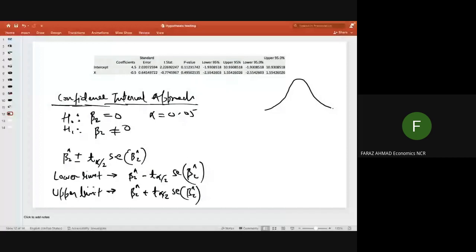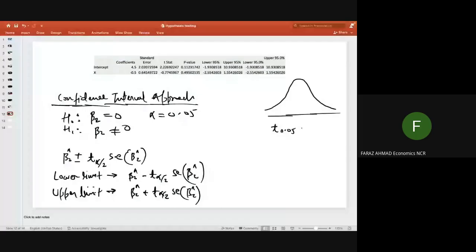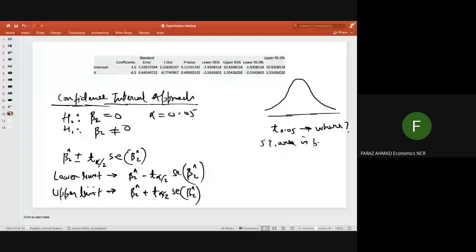And if somebody asks you what is the t value that gives an area of 5%, so your question would be where? There are two possibilities. Do you want a 5% area in both tails, or do you want 5% area in one tail?